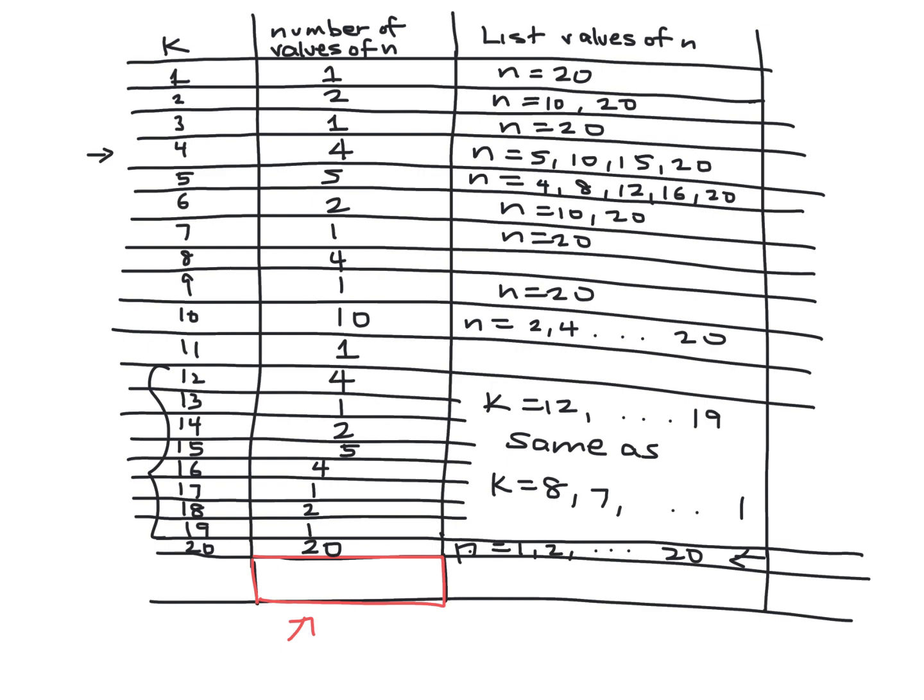So let's add this up. We got 3, 4, 8, 13, 15, 16, 20, 21, 31, 32, 37, 39, 44, 48, 50, 51, 52, 72. There we go. 72 is the answer.